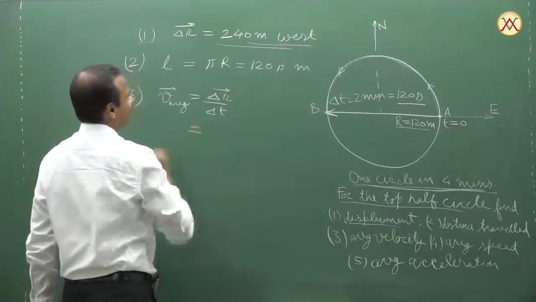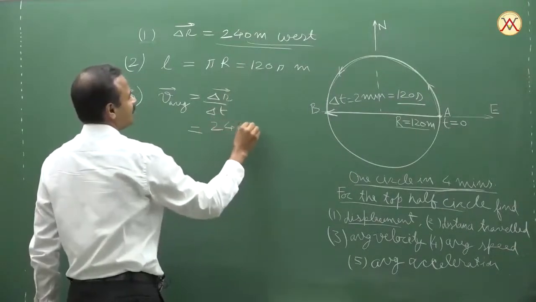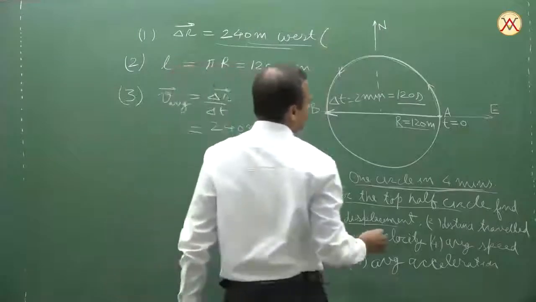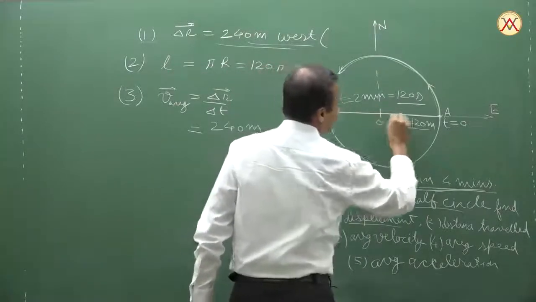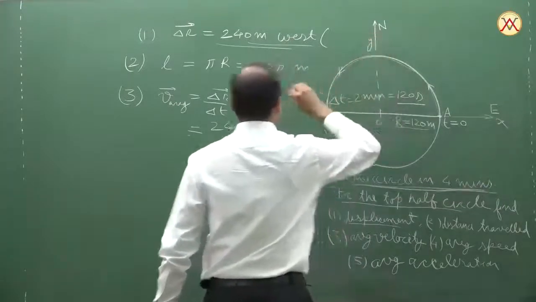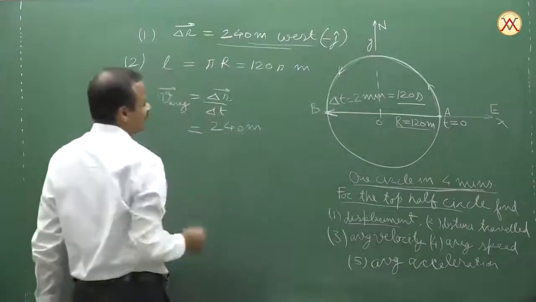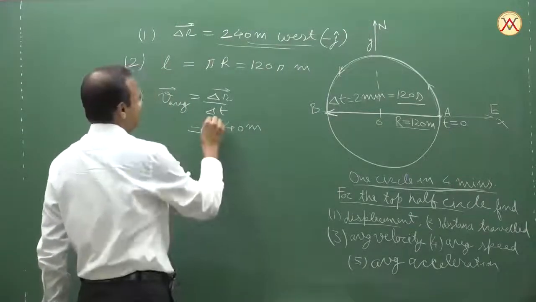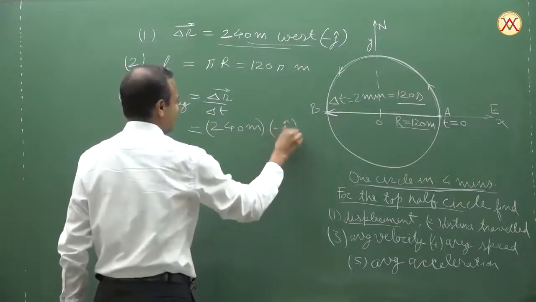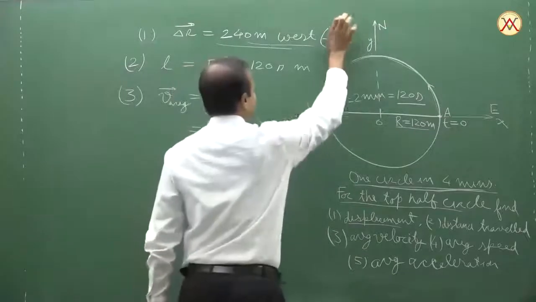So the value of average velocity becomes 240 meters. I can refer to this in terms of our unit vectors also. If I am taking origin here, east is the x-axis and north is the y-axis.